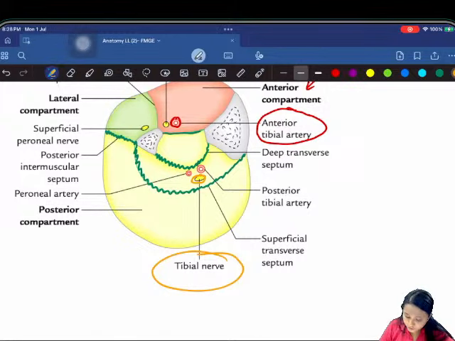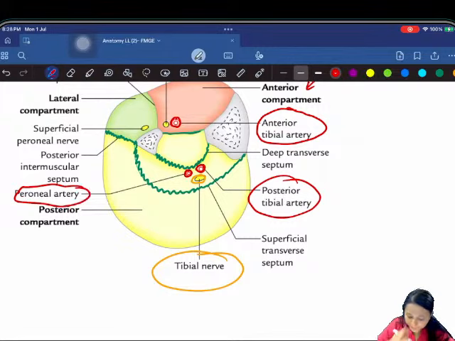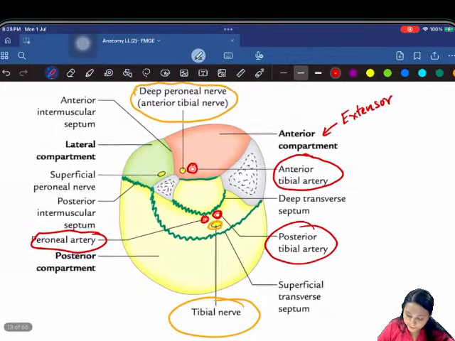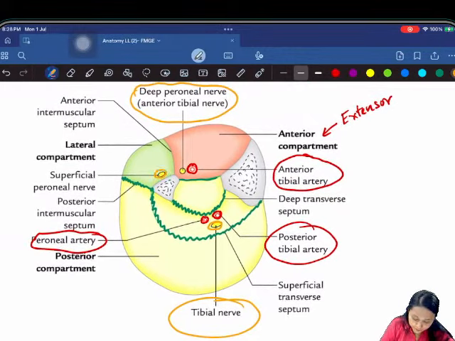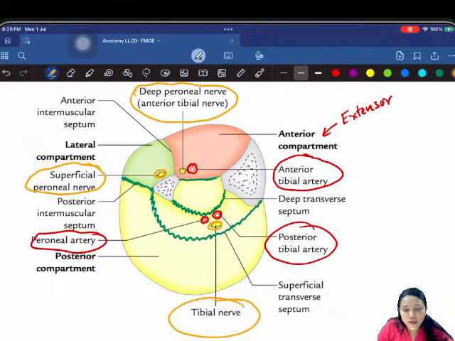You have two arteries here, the posterior tibial artery and the peroneal artery. And there is a lateral compartment, whose nerve is the superficial peroneal nerve. So for any muscle of the anterior compartment the nerve is the deep peroneal nerve, for the lateral compartment it is the superficial peroneal nerve, and for the posterior compartment it is the tibial nerve.